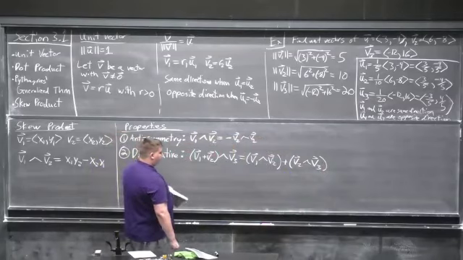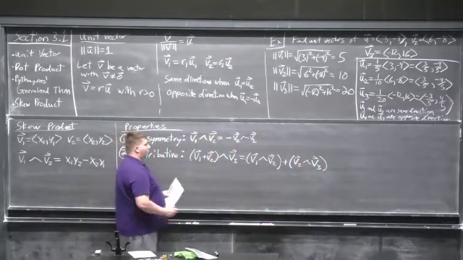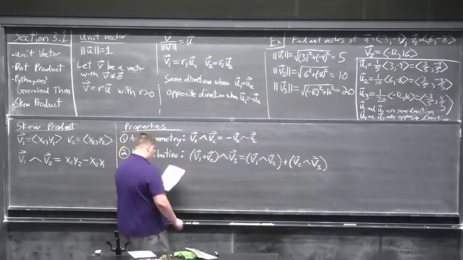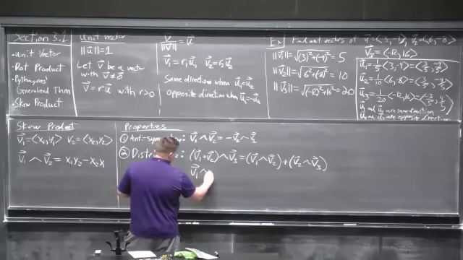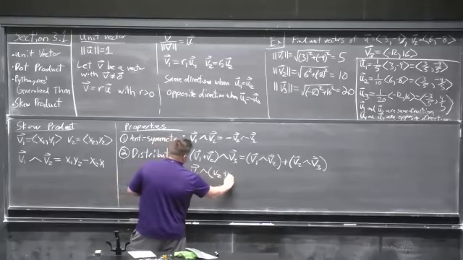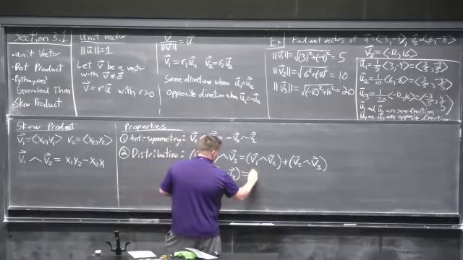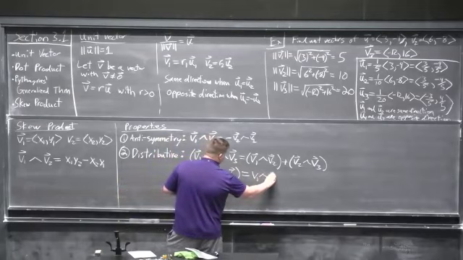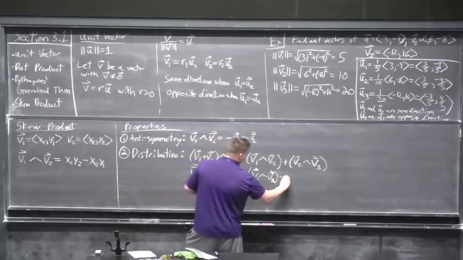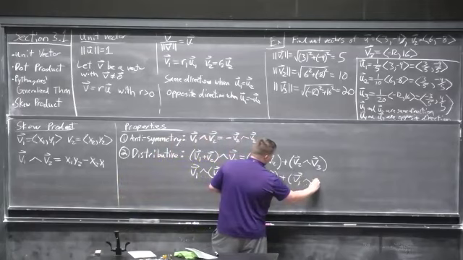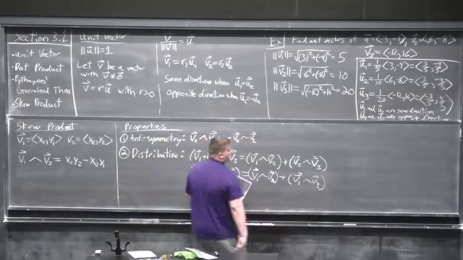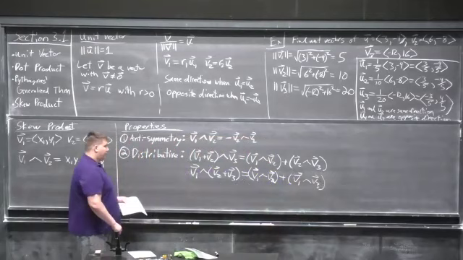It also works the other way. So if I wanted to distribute, let me write it out: V1 skew V2 plus V3 is equal to V1 skew V2 plus V1 skew V3. And again, that's the same as with the dot product.